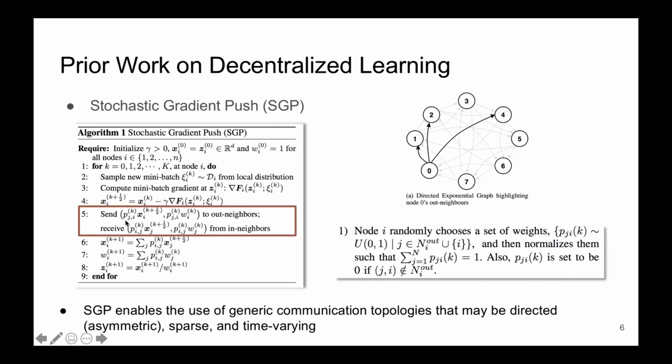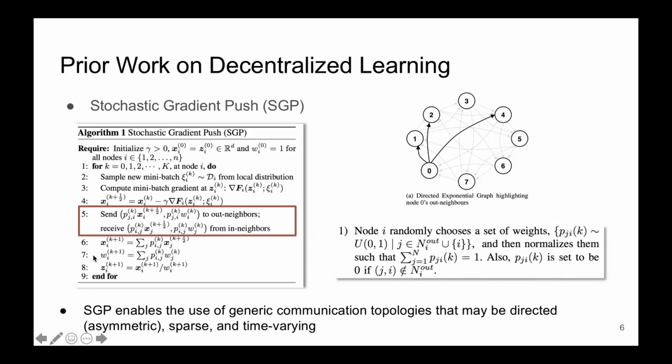So they generate a weight p_ij here, and send the gradient model and push-sum weight multiplied by this number, and receive those values from the in-neighbors.